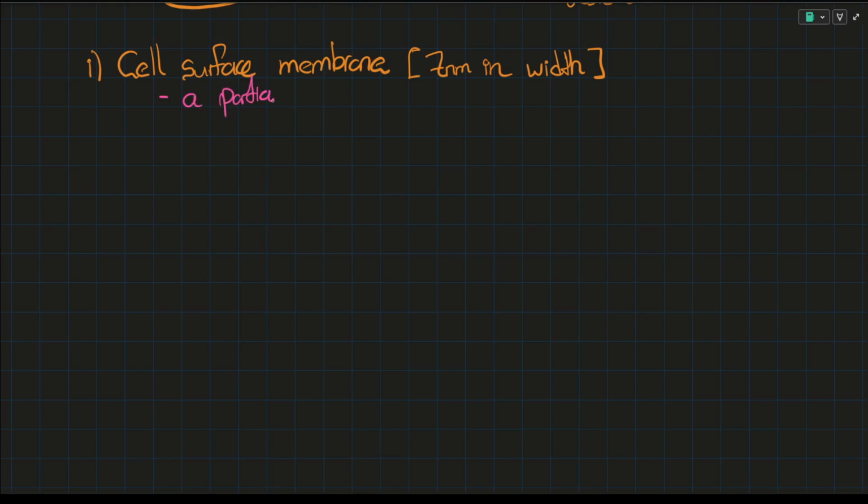The most important thing is that you have to mention that the cell membrane is a partially permeable membrane. Sorry, my hand is numb. A partially permeable membrane, it's only semi-permeable.